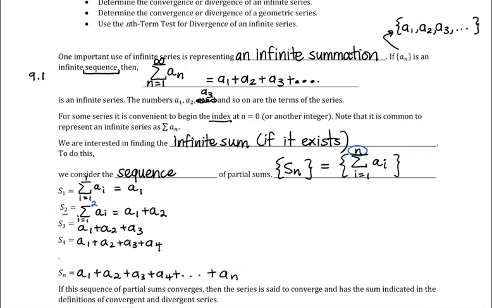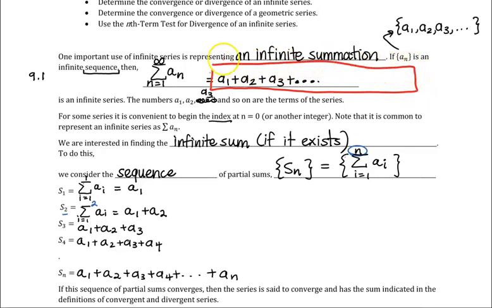Remember, we're interested in finding what happens when we add up infinitely many of these terms. So far, we have built a sequence, and we are at the place where we have added up n of these terms. Hopefully, you're forming an idea of what we're going to do. At some point, we want n to go to positive infinity.